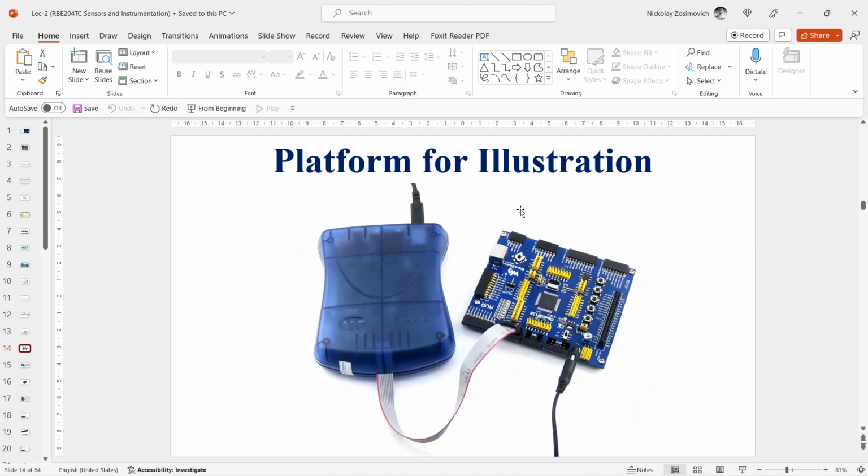In order to illustrate the interfacing options and simple processing algorithms, a platform has been chosen which has become a de facto standard in education and do-it-yourself (DIY) applications. In this case, the Arduino platform has been built around a number of members of the Atmel AVR RISC, reduced instruction set, 8-bit microcontroller series.